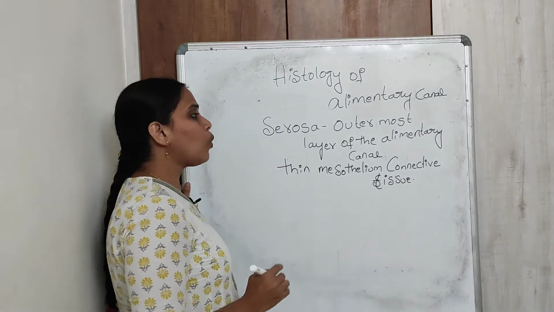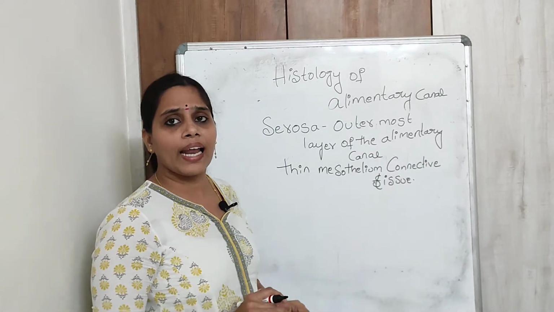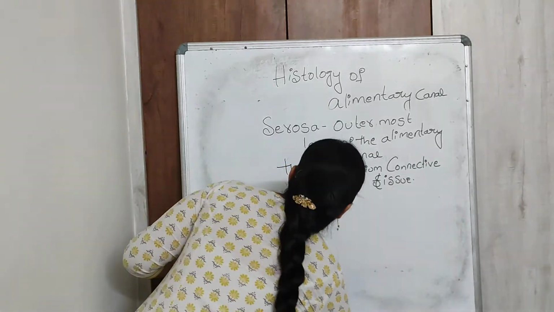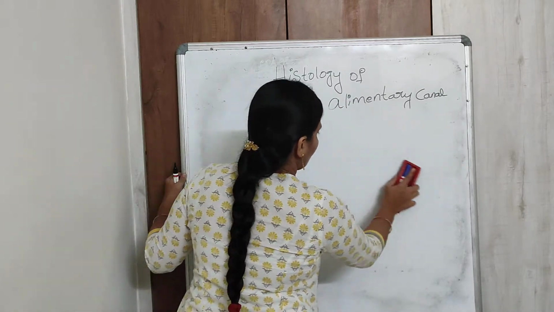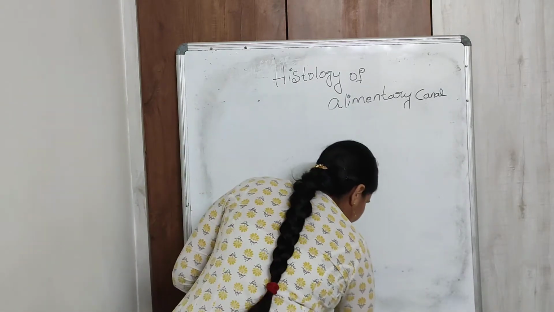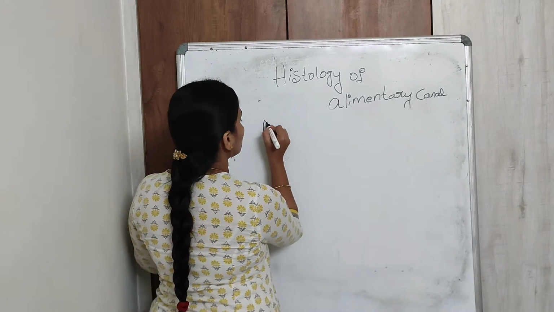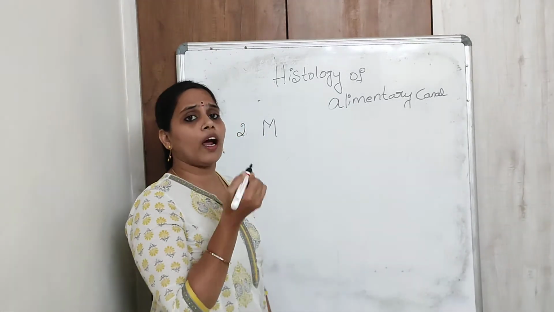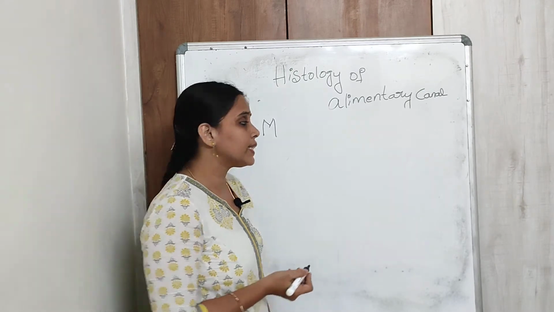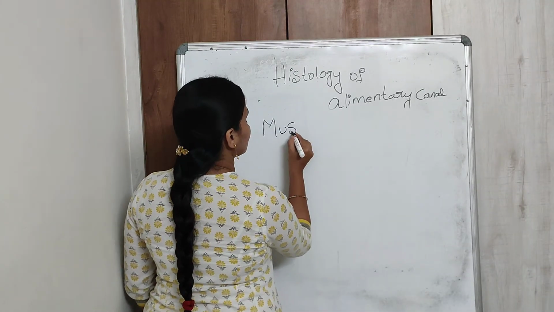So this is the outermost layer of the alimentary canal. The next part is muscularis. The second layer which is present around the alimentary canal is muscularis externa.